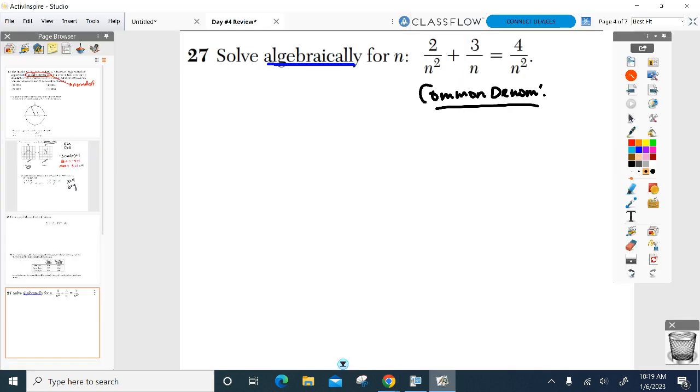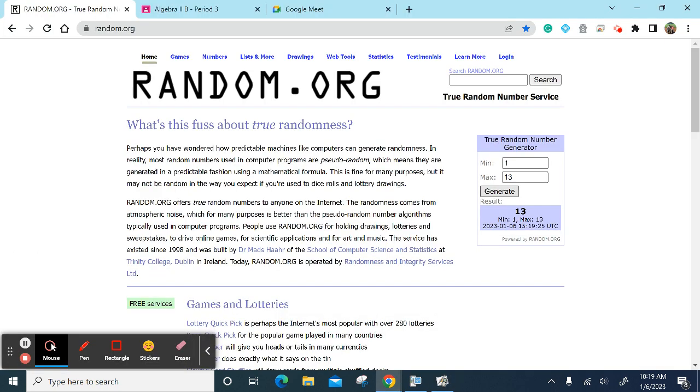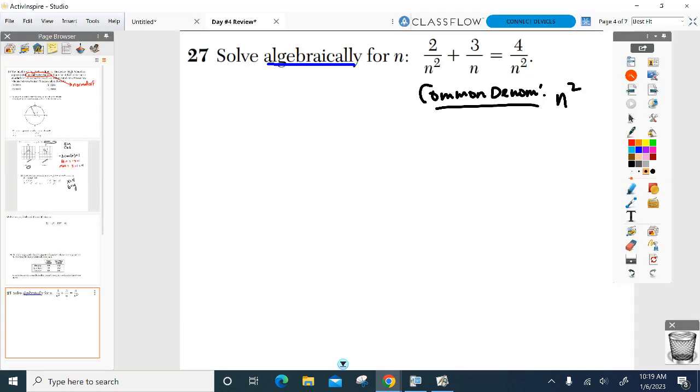N squared. Nice job. I take the one with the highest exponent, n squared. So the common denominator is n squared.